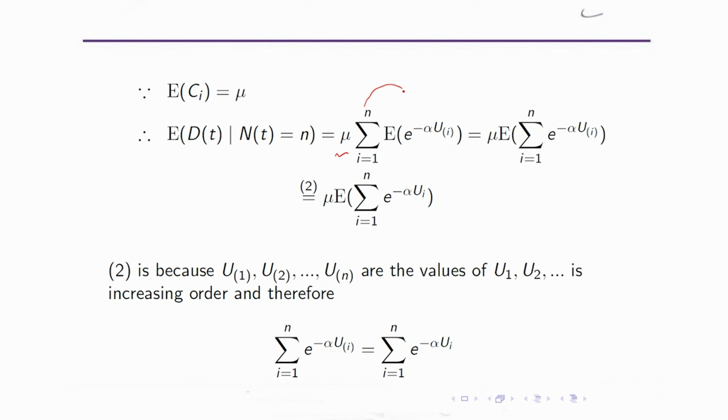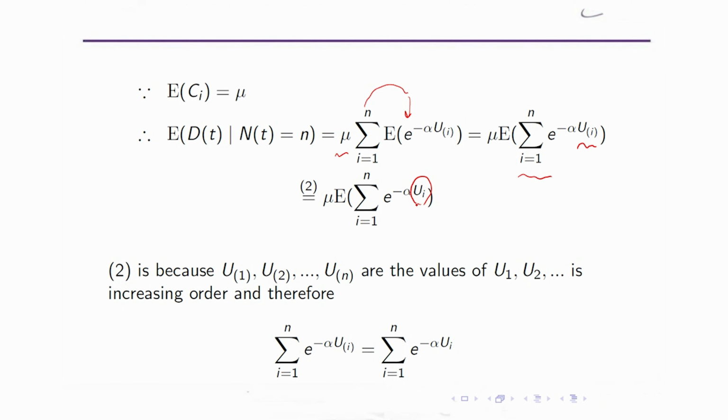If I bring the summation inside the expectation, then we have mu times the expectation of the summation of e to the power of minus alpha U(i). But U(i) represents an order statistic, and you take the summation here. Whether the statistics are ordered or not is not important at all, so the summation of order statistics is equal to the summation of unordered statistics.